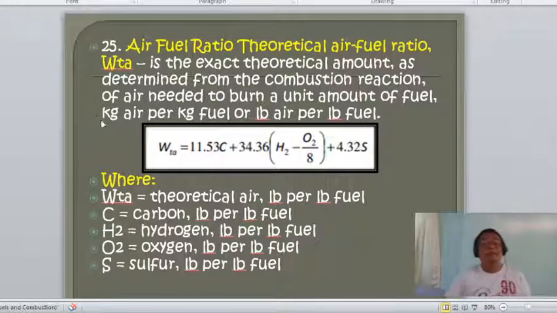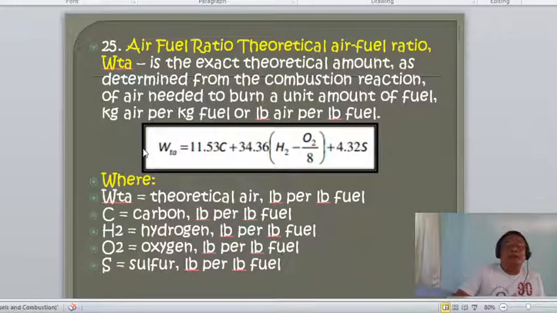Take note, WTA is the theoretical air-fuel ratio in pounds per pound or kilogram per kilogram. C is carbon, H2 is hydrogen, O2 is oxygen, and S is for sulfur.